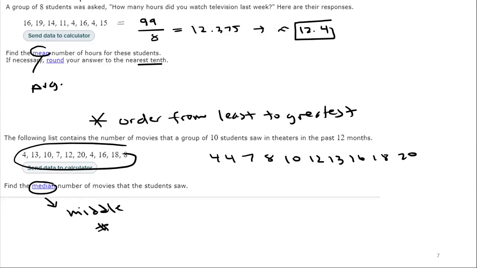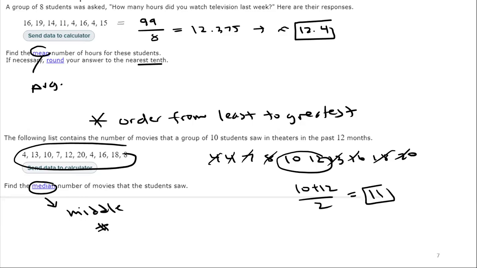So that's 3, 3, 4, 4. Notice that we have two numbers in the middle. When we have two numbers in the middle, then we need to take the average of the two. So 10 plus 12 divided by 2, and that gives us 11.